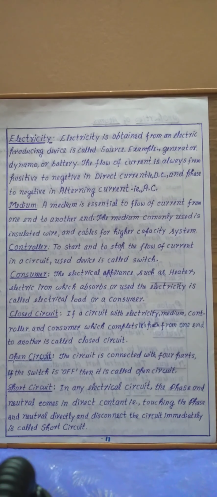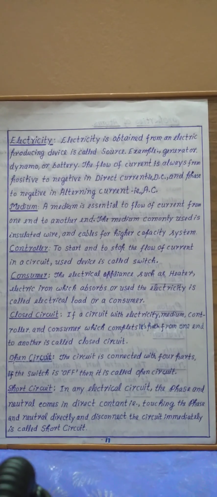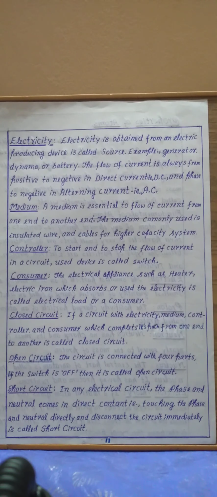So electricity is obtained from an electric producing device, which is called the source. For example, a generator, dynamo or battery is also a source. The flow of current is always from positive to negative in direct current.